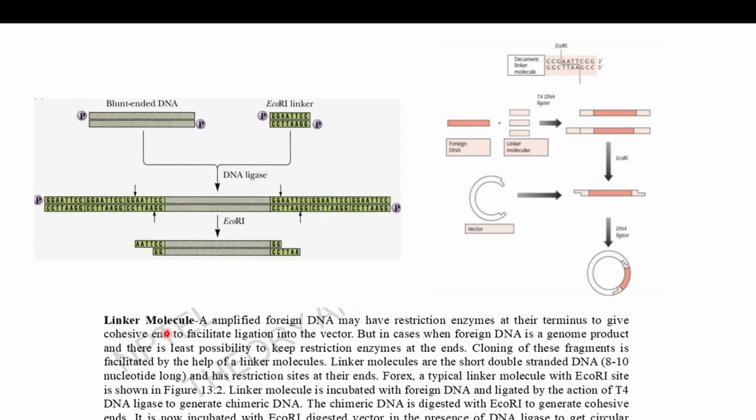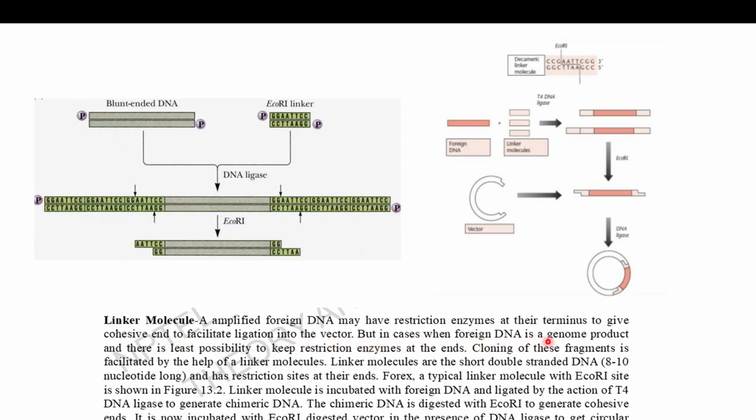Okay, so let's go through this paragraph once. Linker molecule: an amplified foreign DNA may have restriction enzyme sites at their termini to give cohesive ends to facilitate ligation into the vector.